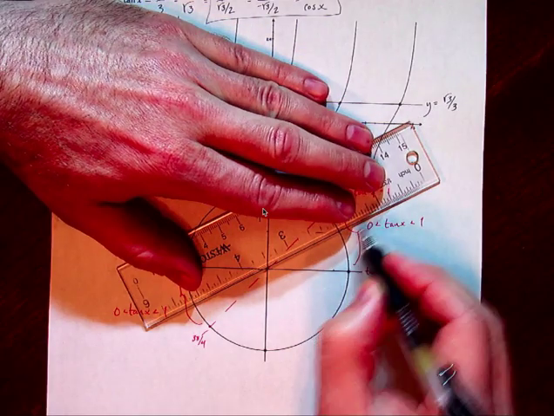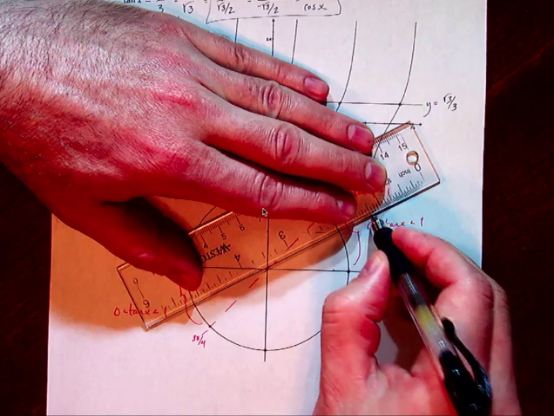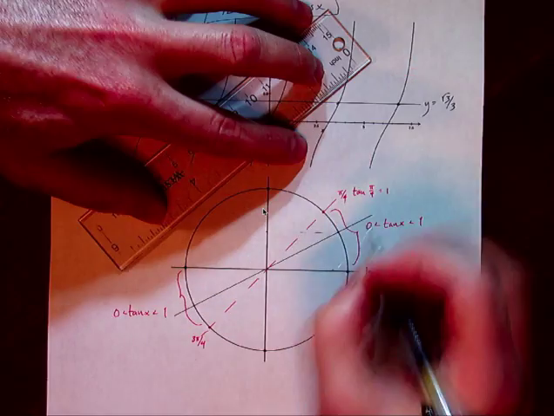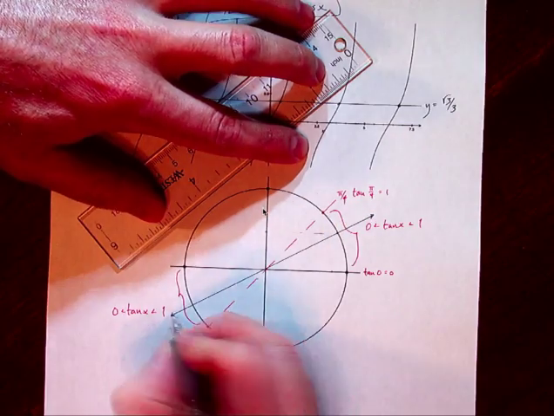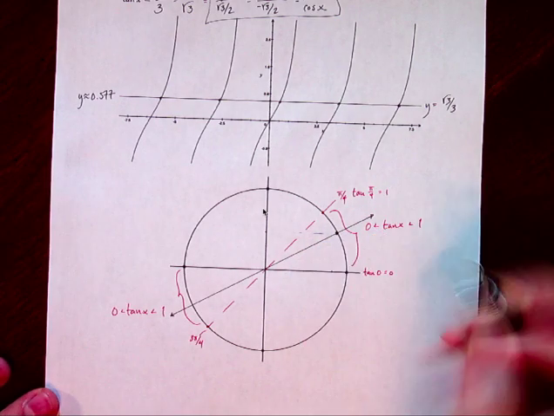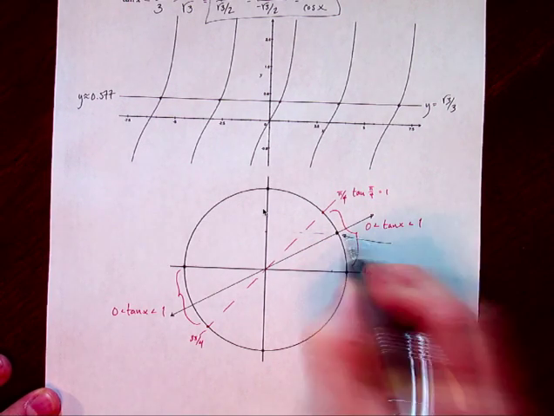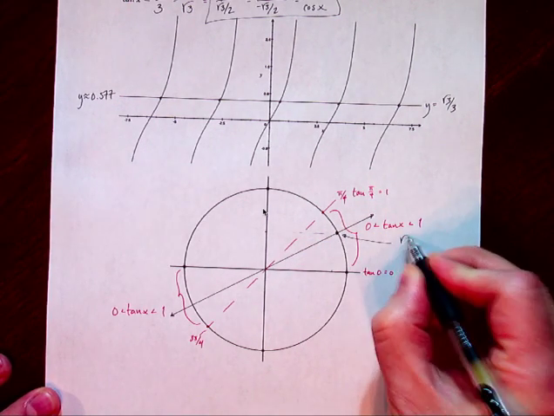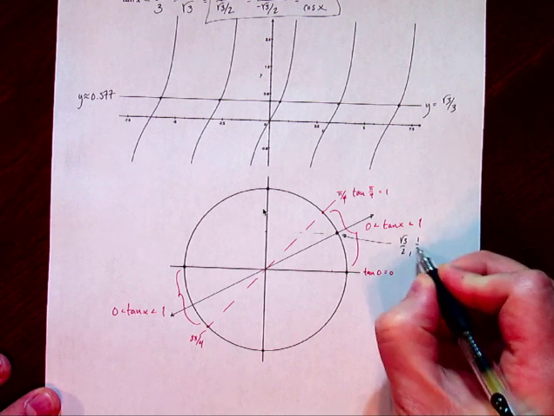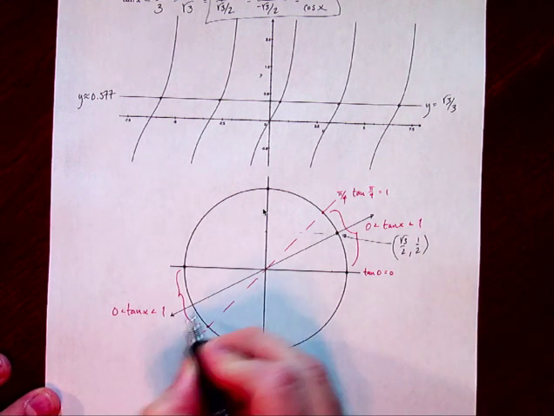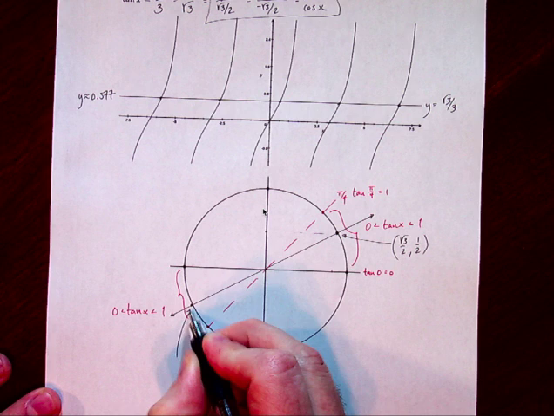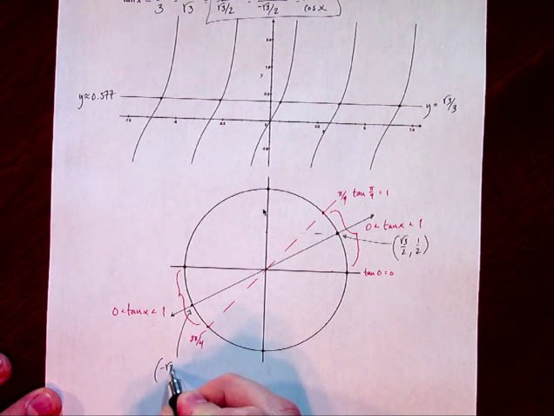But pi over 6 is not the only angle measurement that has that tangent ratio, because the ordered pair right here, which is root 3 over 2, 1/2, has its negative over here, negative root 3 over 2, negative 1/2.